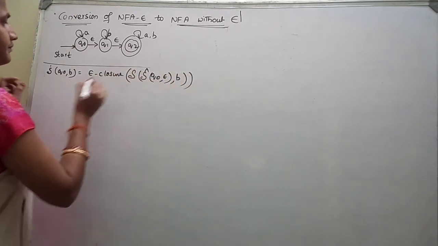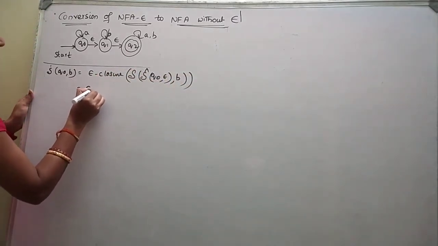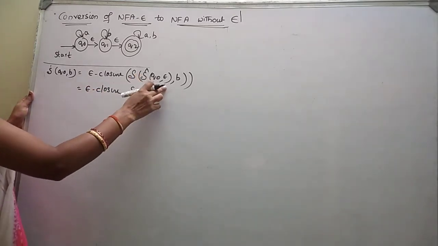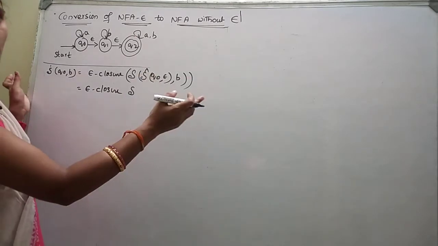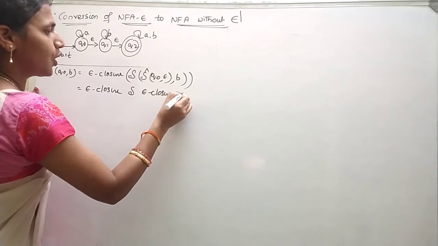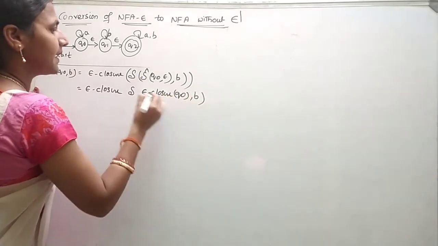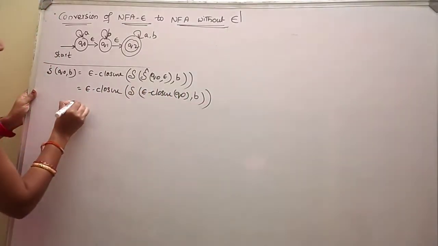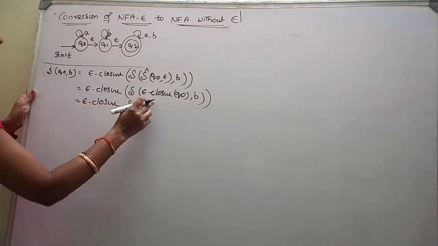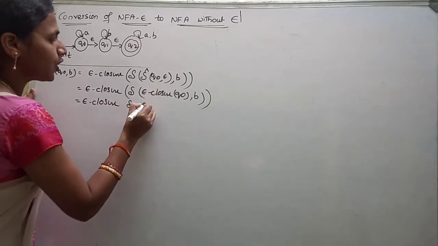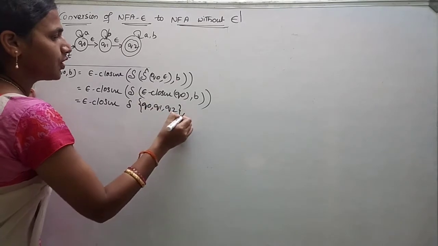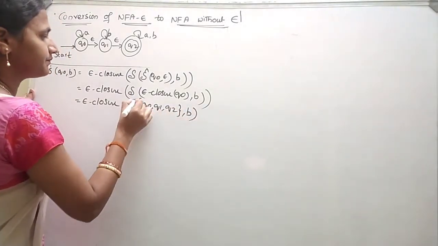B. Which implies epsilon closure of delta cap of Q naught comma epsilon is nothing but epsilon closure of Q naught, comma B, which can be written as epsilon closure of delta. Epsilon closure of Q naught is Q naught, Q1 and Q2. We take the input symbol as B.